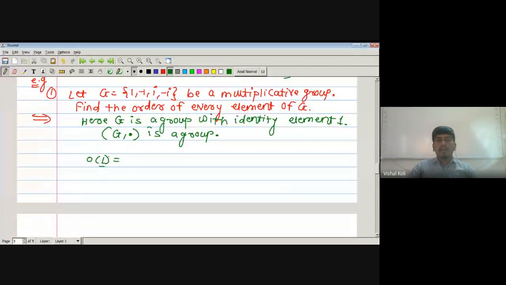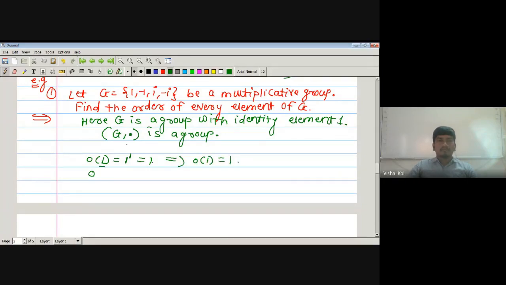If we multiply 1 only one time, that is, its power is 1, then it is equal to 1, and 1 is the identity element. That is, for the first power only it gives the identity element, which implies the order of 1 is equal to 1.